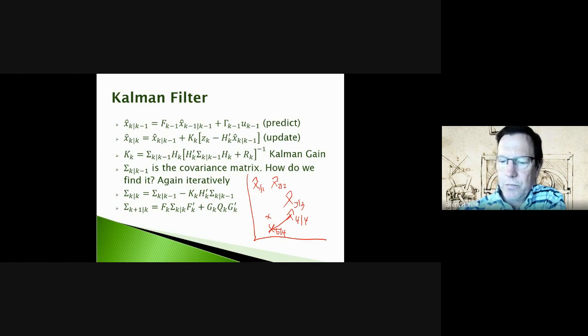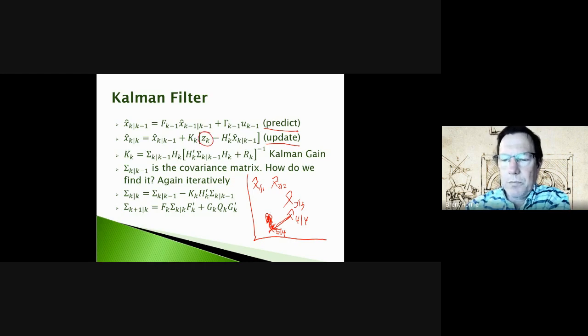So this is where we predicted it. This is where our radar measured it. And now we can look at this vector here that is representing the difference between our predicted step and our measured step, right?